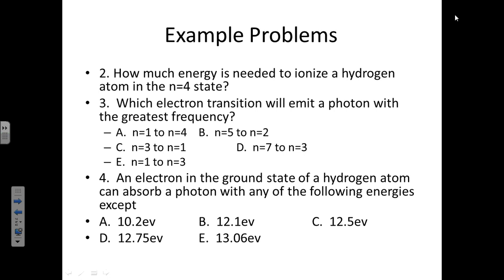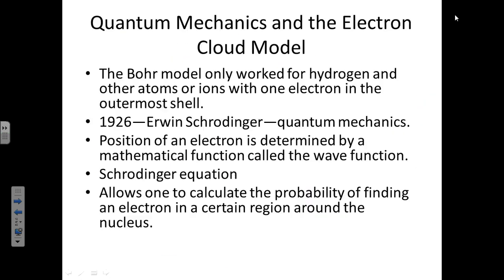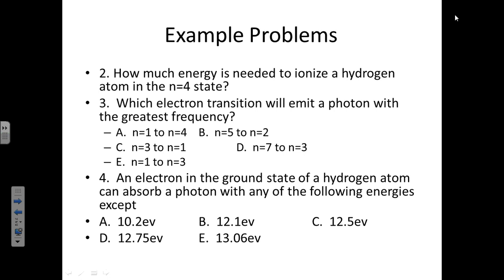So we're looking at 1 to 4, 3 to 1, 1 to 3, 7 to 3, and 5 to 2. Let's go back to our chart. We're looking for which one will emit a photon with the greatest frequency.